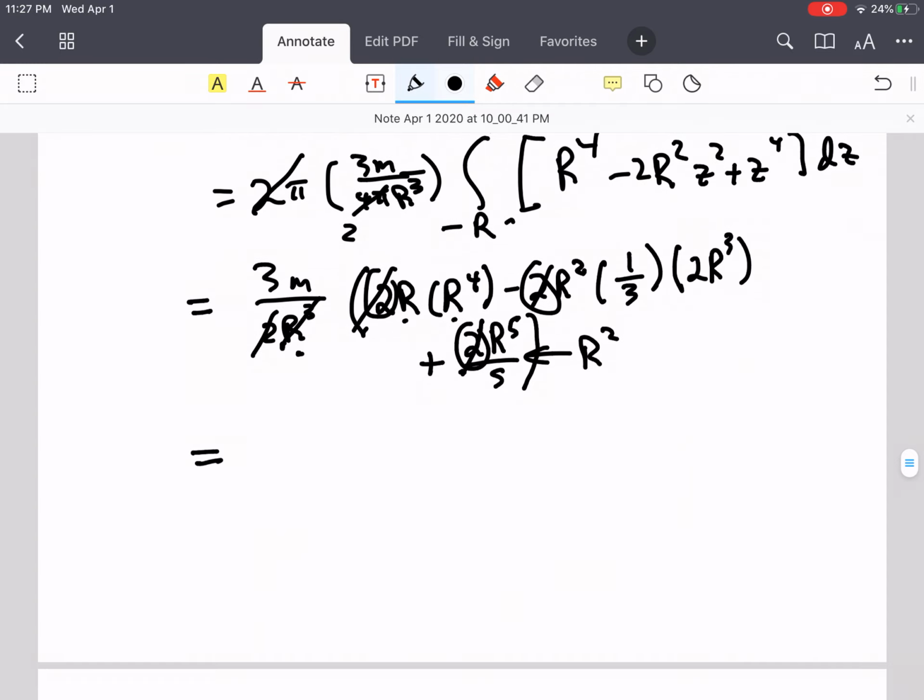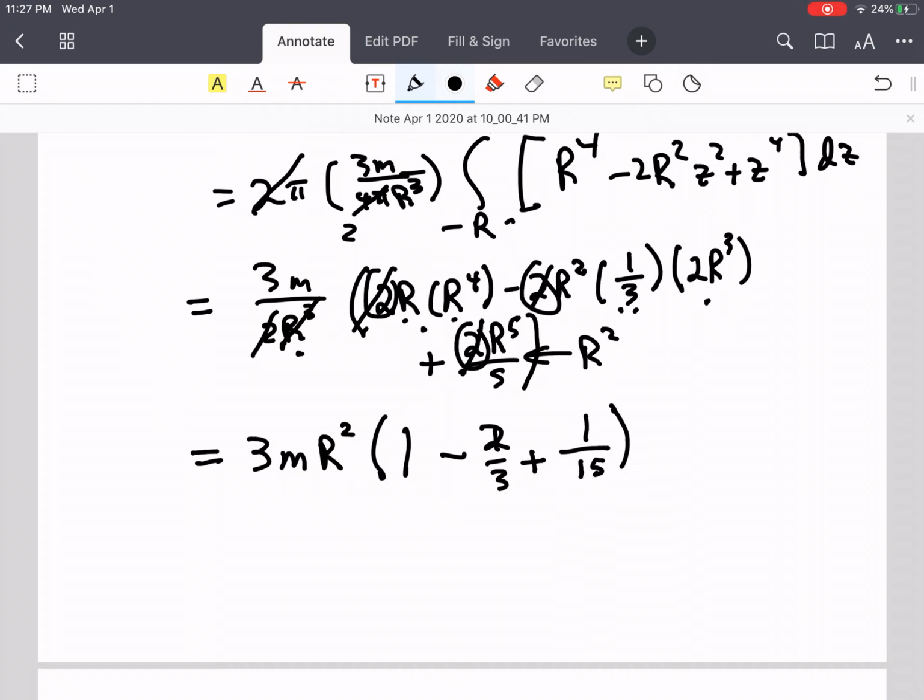So if I do all of this together and haven't made any mistakes, with 1 in 10 chance, but what the heck, I have 3mR squared times 1 minus 1/3. Oops, I calculated too many 2's, so that's 2/3, plus 1/5. 1/5, sorry about that. Jumped the gun on that.